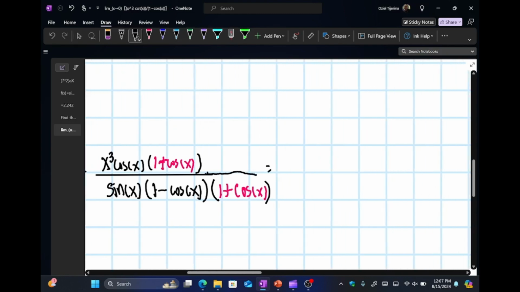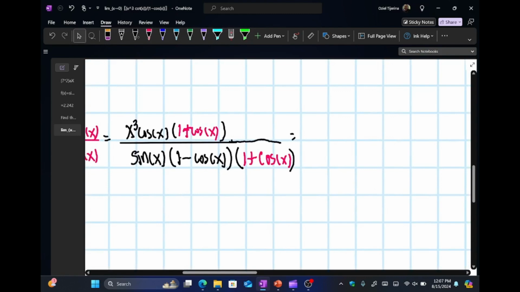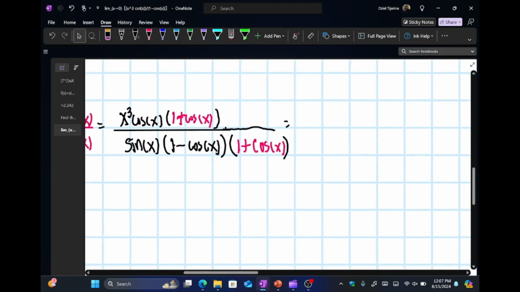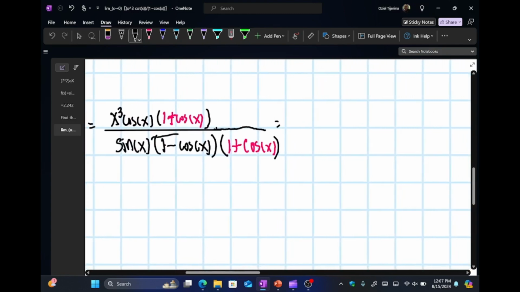Now, here's the thing, guys. This part here is going to equal 1 minus cosine squared x.